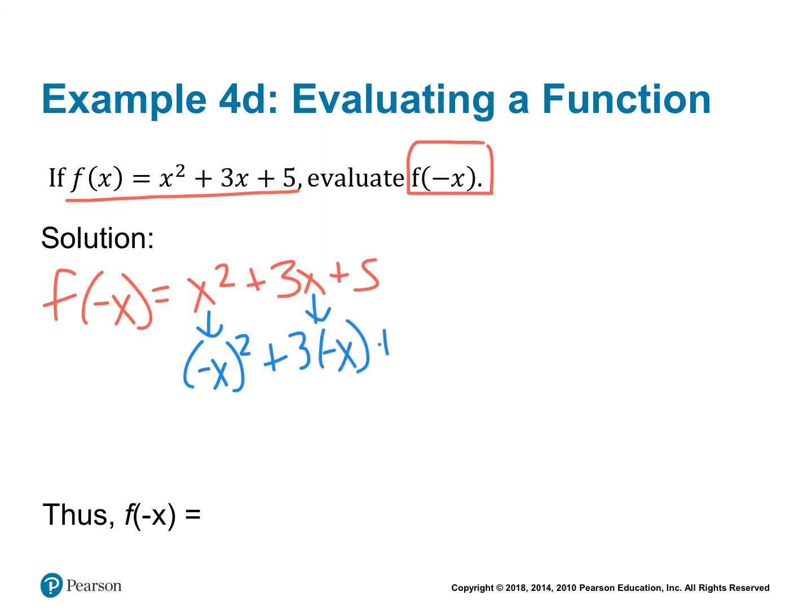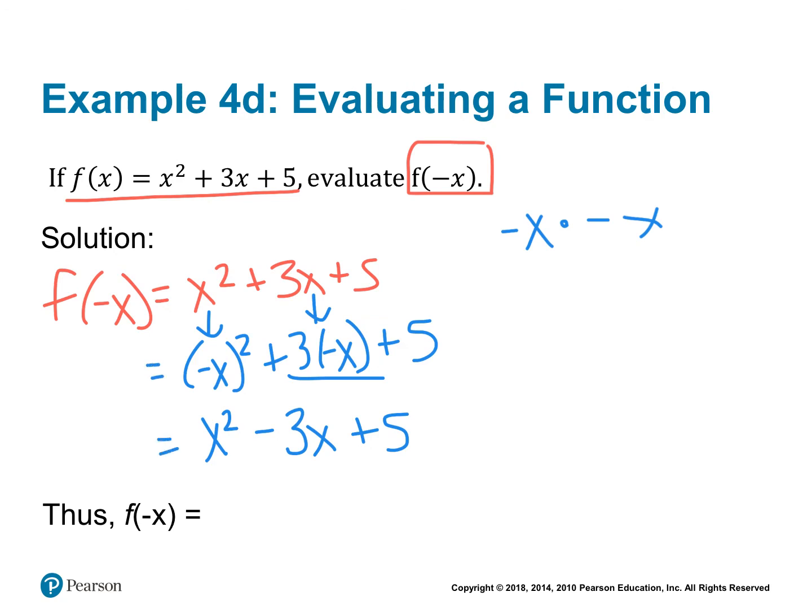And then my positive 5 does not get touched. So now negative x squared, that means negative x times negative x, which is positive x squared. Then 3 times negative x is negative 3x plus 5. And there's actually nothing else we can do on that one. So f of negative x is x squared minus 3x plus 5.